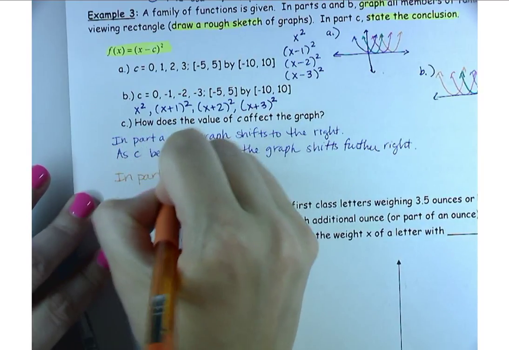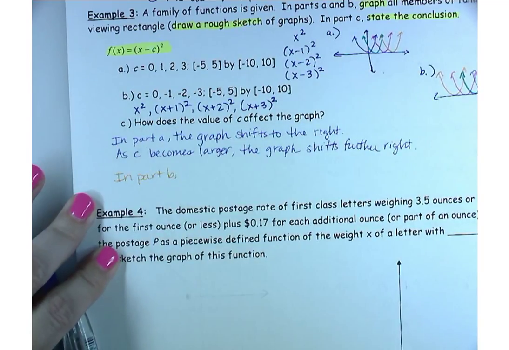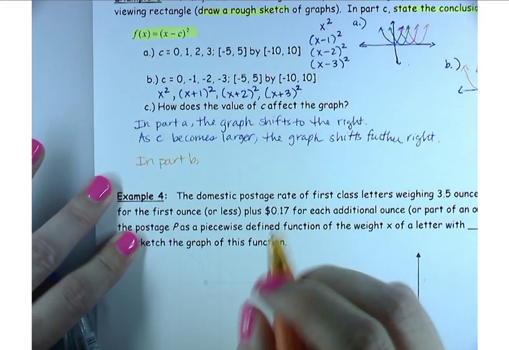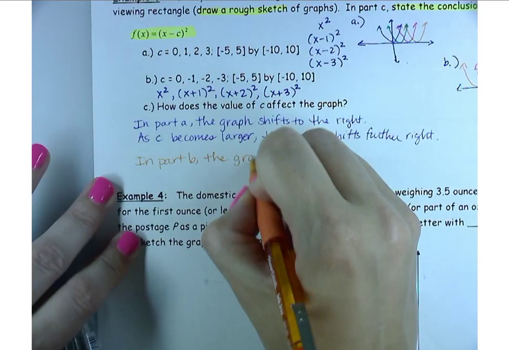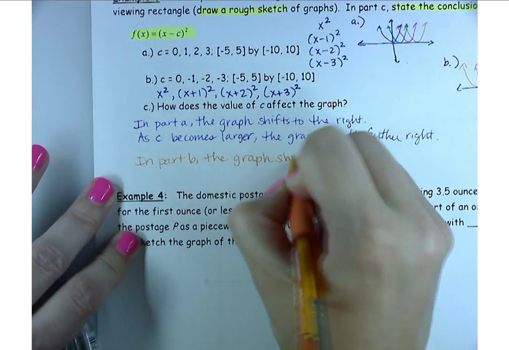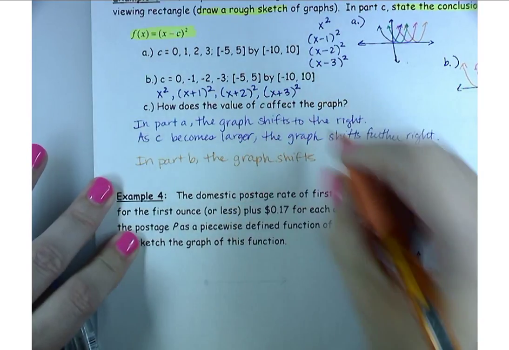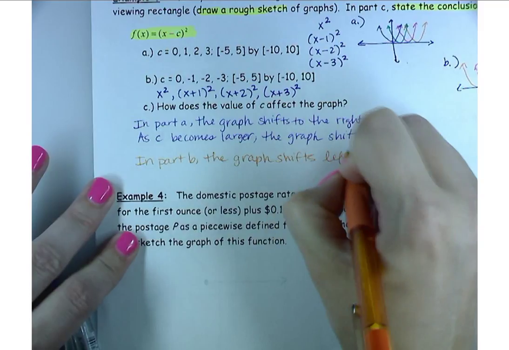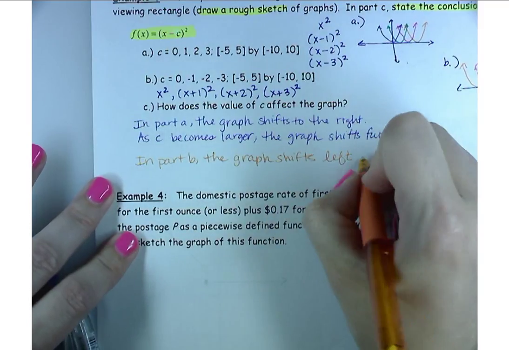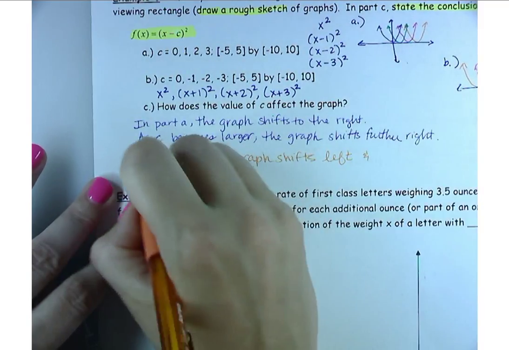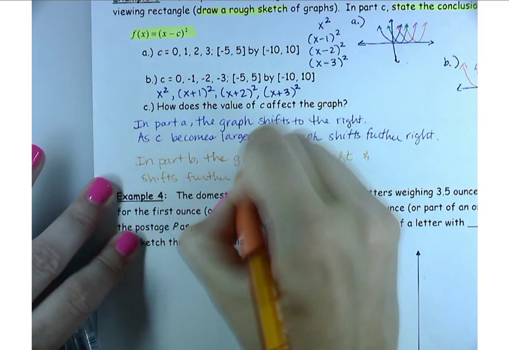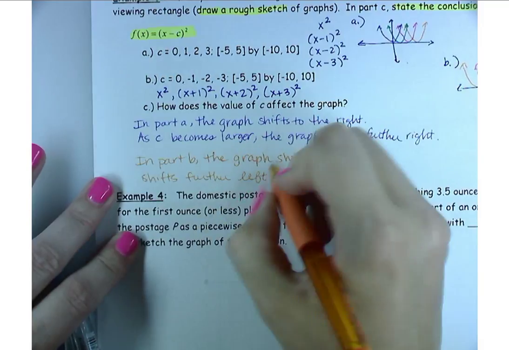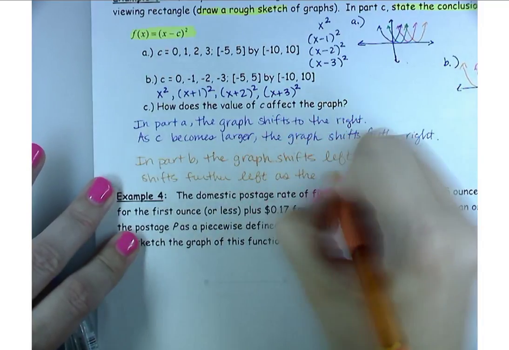In part B, the graph shifts left and shifts further left as the C value.